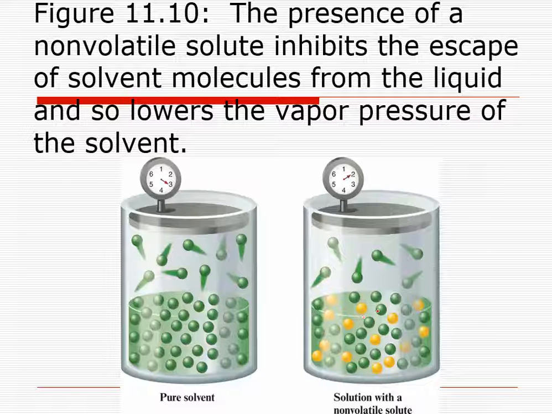Another factor taking place here is that by adding this non-volatile solute, there are intermolecular attractions between the solvent and the solute, which is also holding these particles in solution, and those intermolecular forces aren't happening here because you just have your solvent. But the main idea, I think, is that there are fewer particles at the surface that have the ability to vaporize.